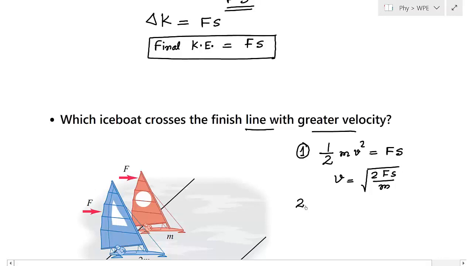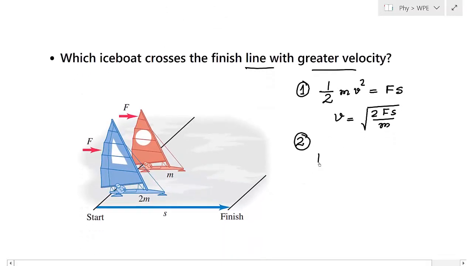Similarly, for ice boat number 2, I can calculate the velocity. I can write half m v squared, but in this case the mass is 2m and the velocity is v. So half mv squared is equal to Fs, and the 2 cancels. So I can write v is equal to Fs by m, and then I have to take the square root.